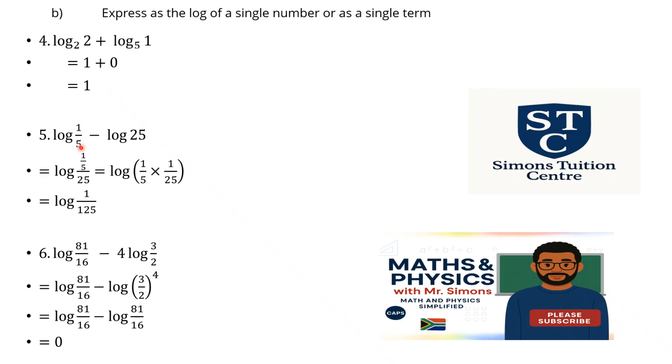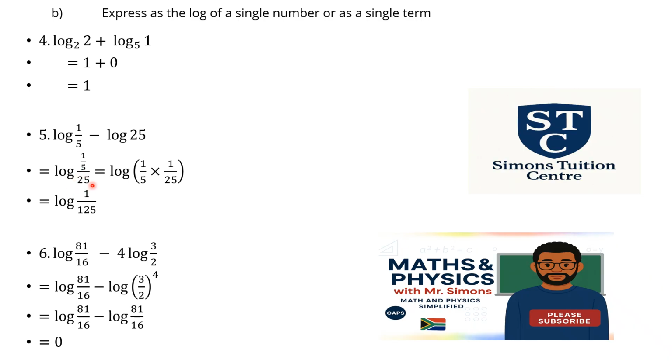Then we have log of 1 over 5 minus log of 25. So minus, remember, looks the same as division. So second law, we're going to divide. So that becomes 1 over 5 divided by 25, which is the same as saying 1 over 5 times, and what do I do at the bottom?